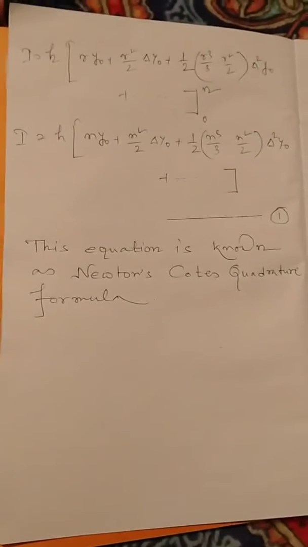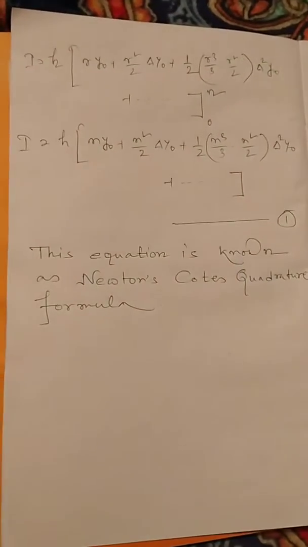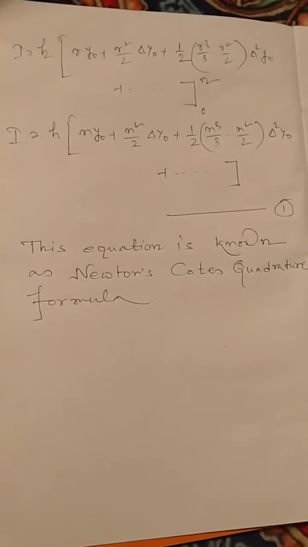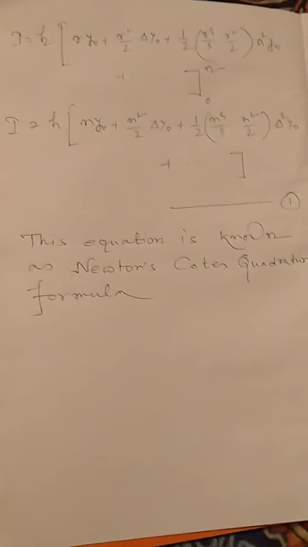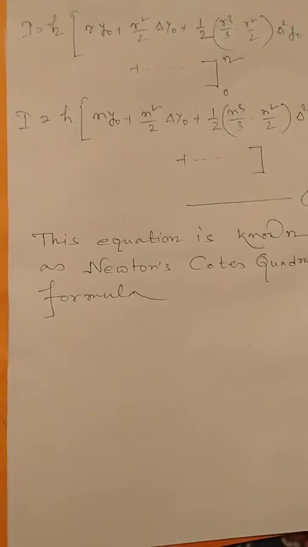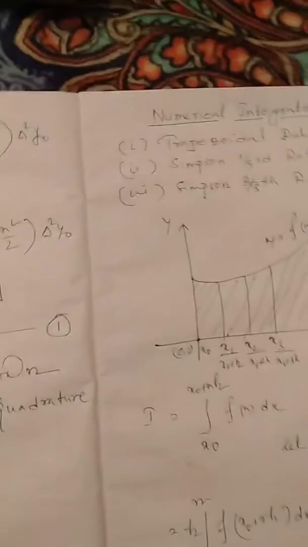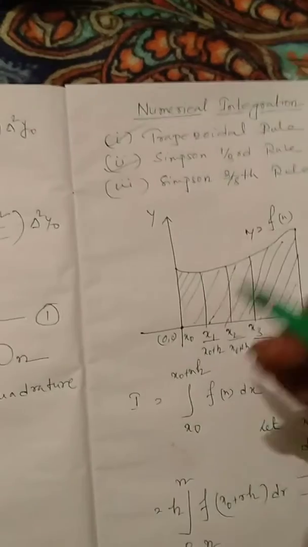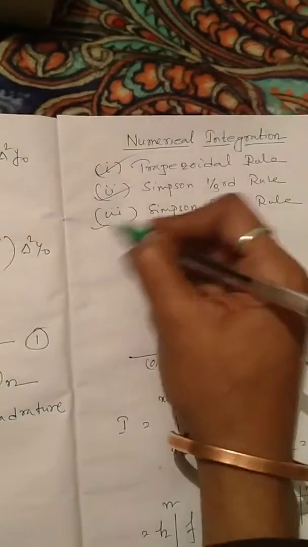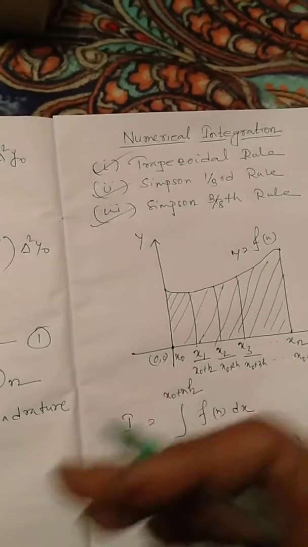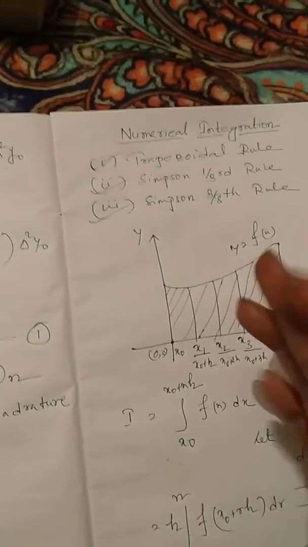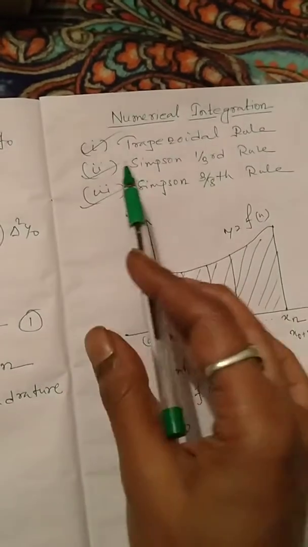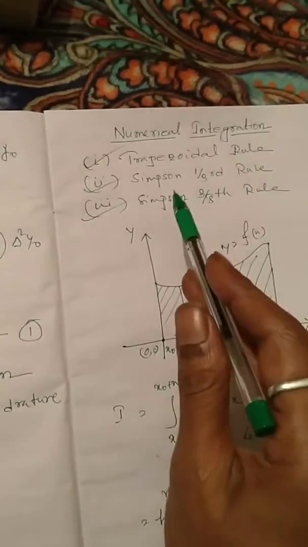So this equation is known as Newton-Cotes quadrature formula, and this is a very important formula, because from this equation we will get these 3 rules. First is the trapezoidal rule, second is the Simpson 1/3 rule, and third is the Simpson 3/8 rule. There may be so many other rules, but these 3 formulas are very important.